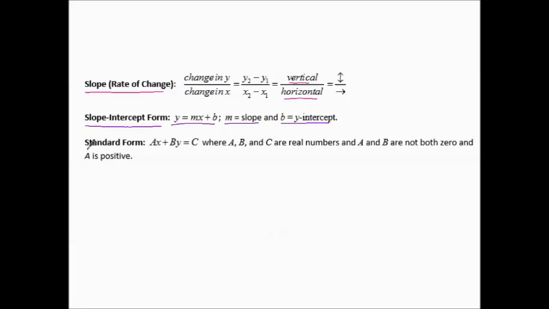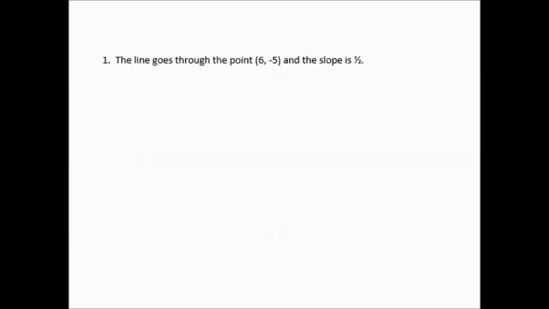And lastly, we've also seen standard form, which is ax plus by equals c, where a, b, and c are real numbers, and a and b are both not zero, and a must be positive. Now we're going to bring it all together and write equations given a variety of information.